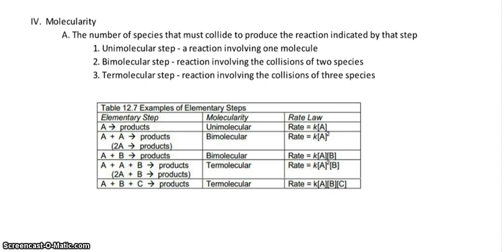So actually I kind of want to change these definitions a little bit, tweak them if you will. So what is a unimolecular step? Well, uni obviously means one, so it's a reaction that involves one molecule. I want to change that last part. It's not just one molecule, it's one reactant molecule. So can you make that change for me?